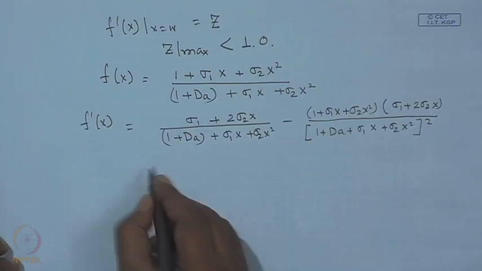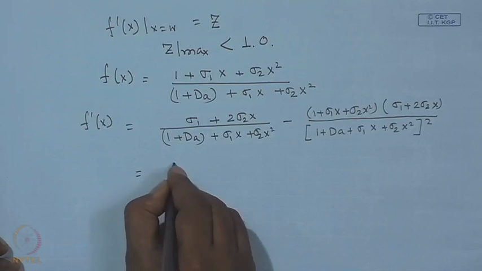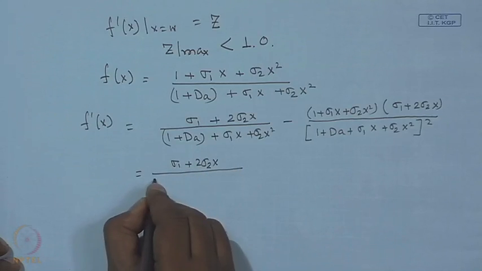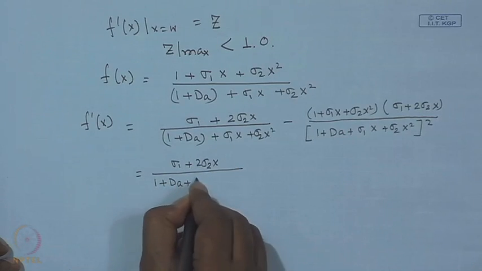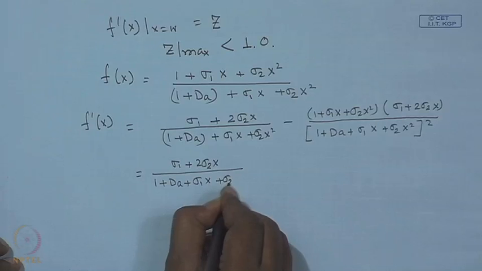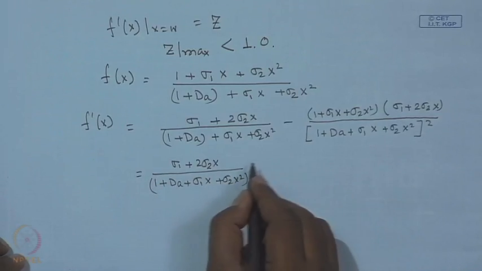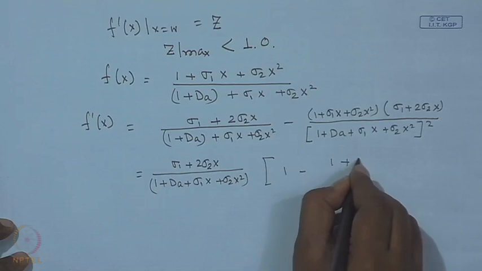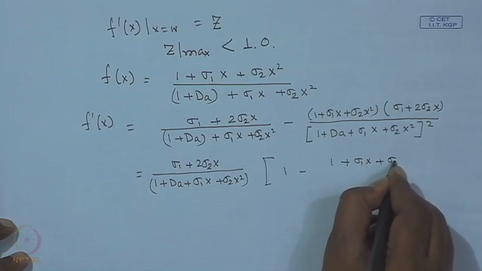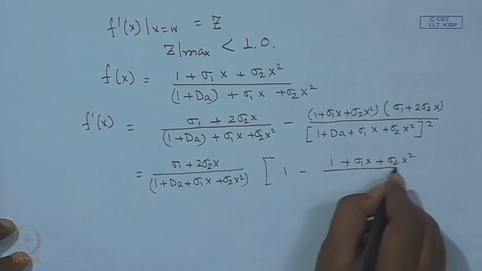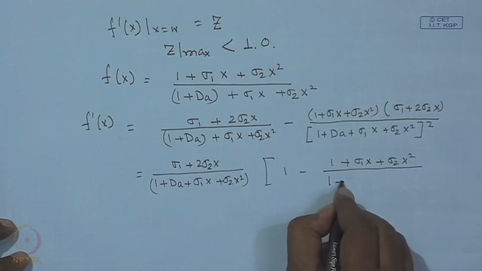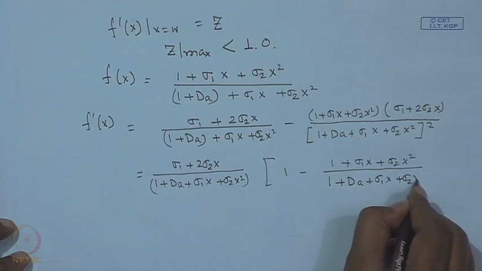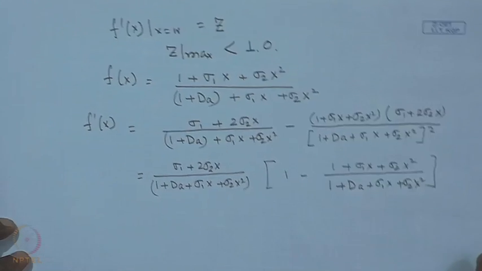So, we simplify this equation, we take this thing as common, sigma 1 plus 2 sigma 2 x divided by 1 plus dA plus sigma 1 x plus sigma 2 x square. So, this is 1 minus 1 plus sigma 1 x plus sigma 2 x square divided by what will be remaining, 1 plus dA plus sigma 1 x plus sigma 2 x square, bracket close.